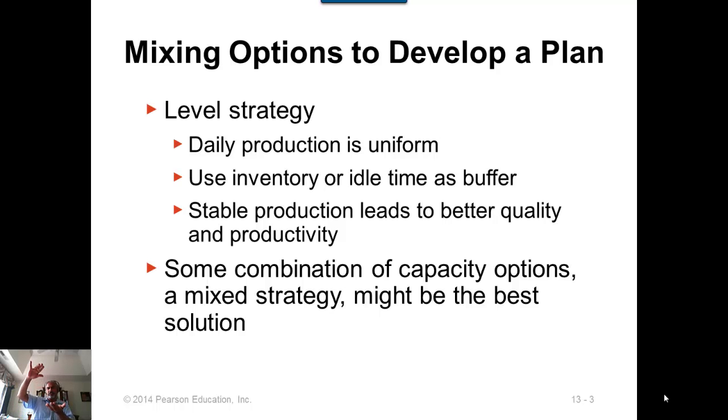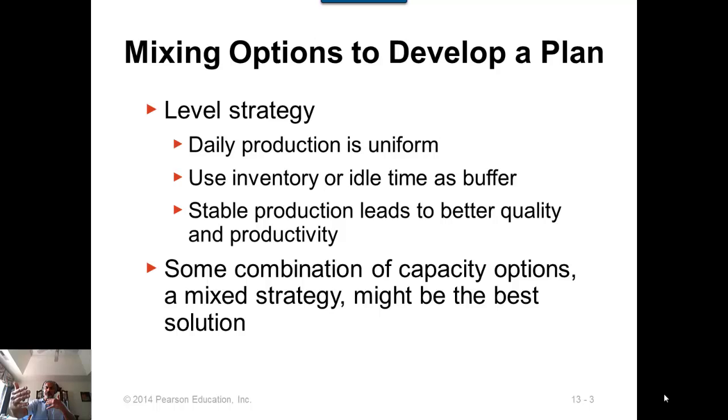If the demand is more than your production rate, then you use the accumulated inventory. We talked about this previously. This plan allows you to maintain a stable production, and stable production has other benefits like improved productivity and better quality and so on.